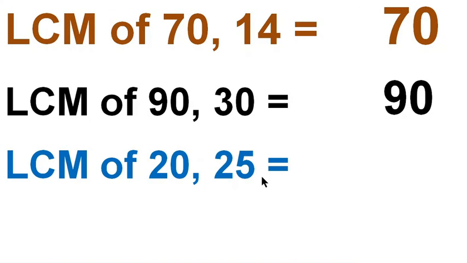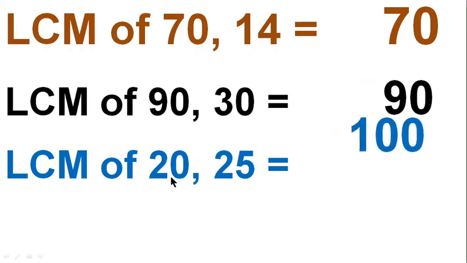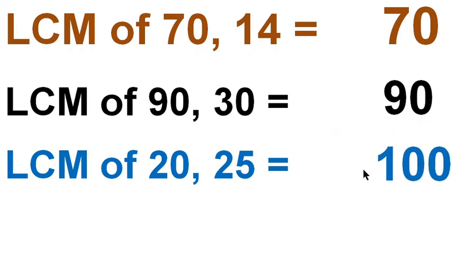Here 20 and 25, and greater number is 25, but it is not divisible by 20, make it double, 50, 50 is not divisible by 20, make it triple, 75, and 75 is not divisible by 20, make it 4 times, that means 100, and 100 is here divisible, so 100 is LCM.